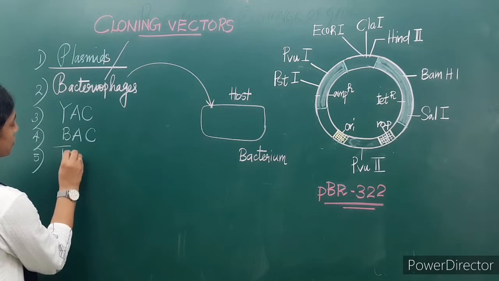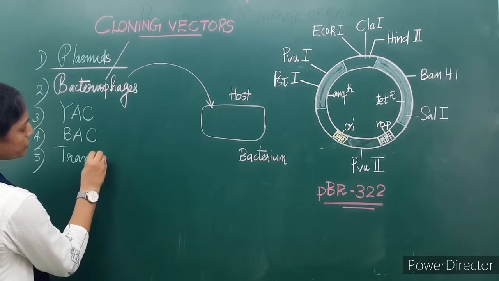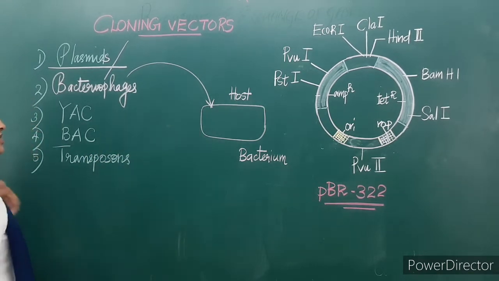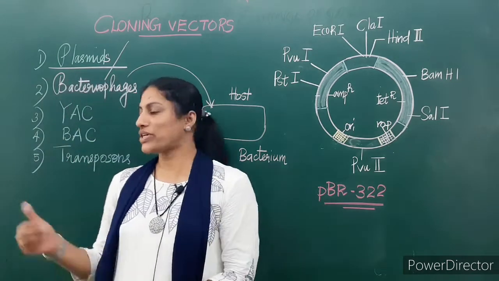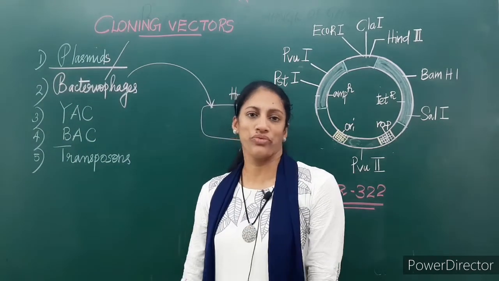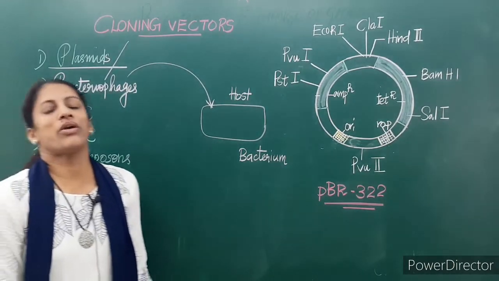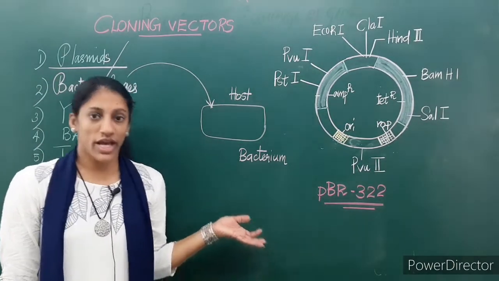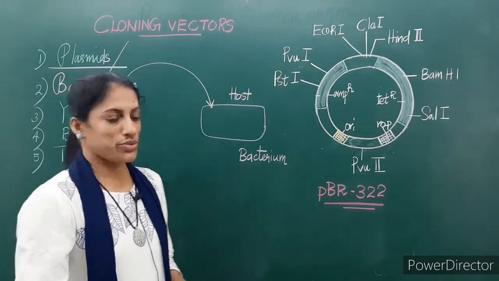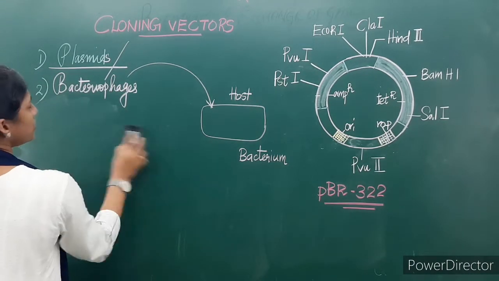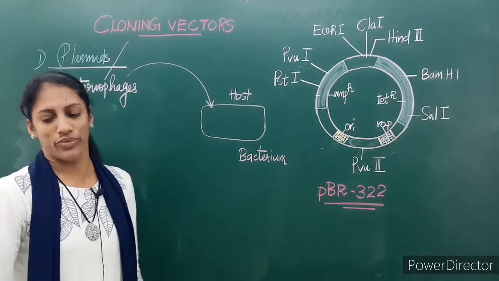Then transposons can also be used as vectors to deliver the gene to the host cells. They are mobile genetic elements, able to move, so they can be used as a cloning vector. There are many cloning vectors recently discovered. Anyway, we are moving to these two, the basic ideas, as the cloning vector.